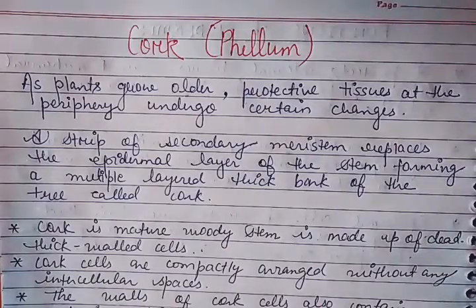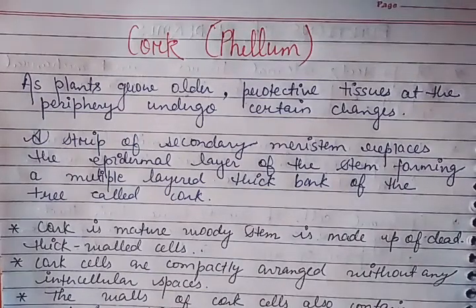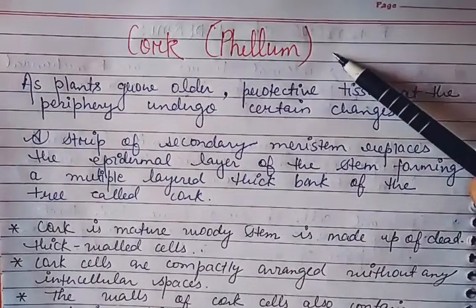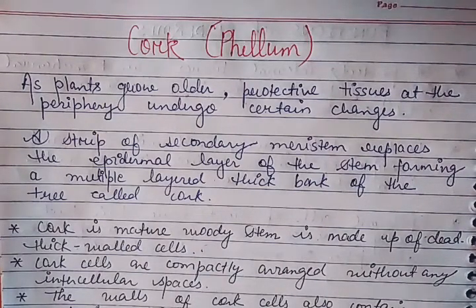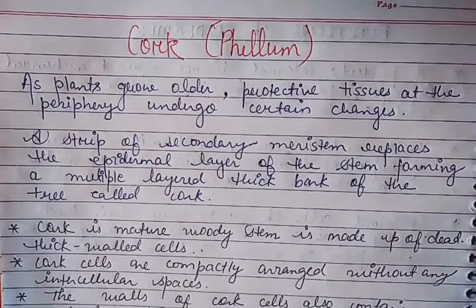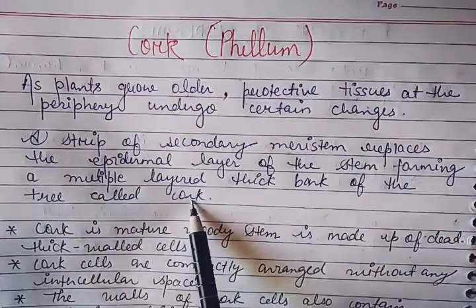So the next protective tissue is cork, and it is also known as phellem. As the plants grow older, the protective tissue that was earlier epidermis will be replaced by a new multiple layered covering, and that covering will be called cork.